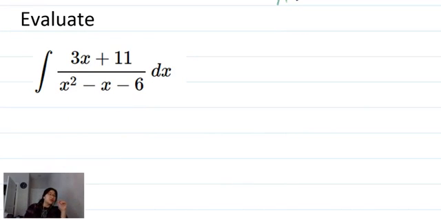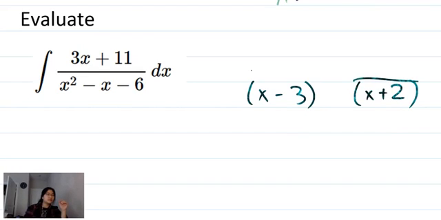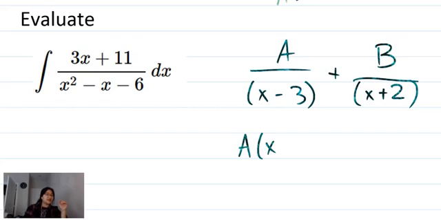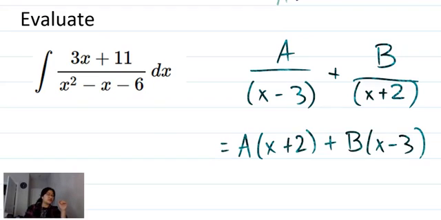We have x minus 3 and x plus 2, and we have A and B as our numerators. So we have A times x plus 2 plus B times x minus 3, and this gives us 3x plus 11. And you notice I'm being lazy and not writing the denominators, and that is okay.